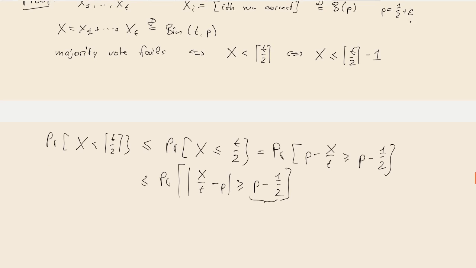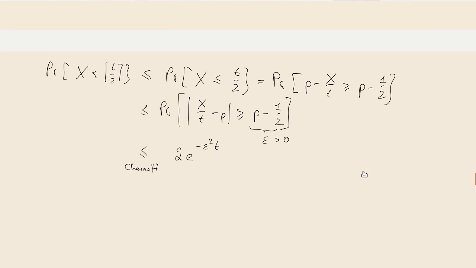Now by our definition above, this is exactly epsilon, which was greater than 0. So we can apply the Chernoff bound in the same way as before, and get this result. So we've proven a bound on the probability that we fail with our majority vote.